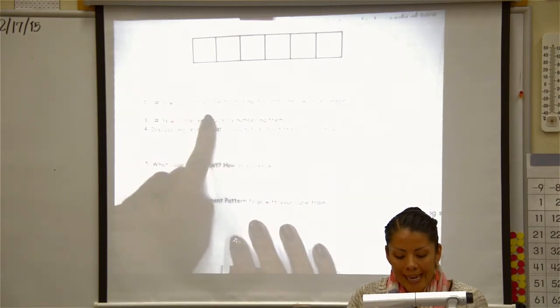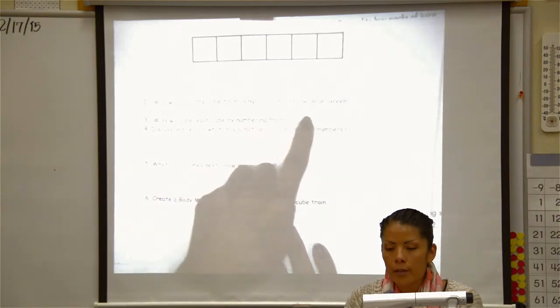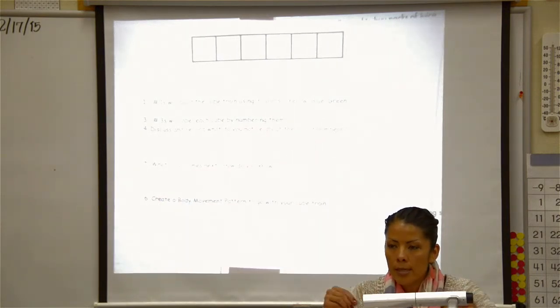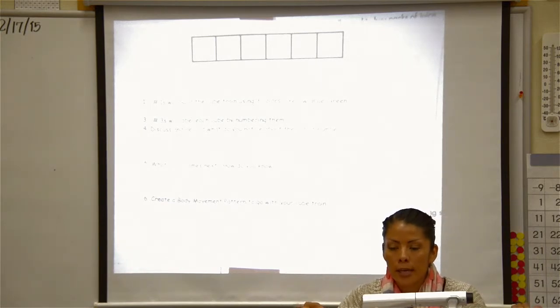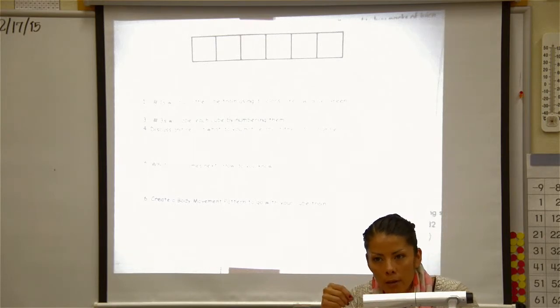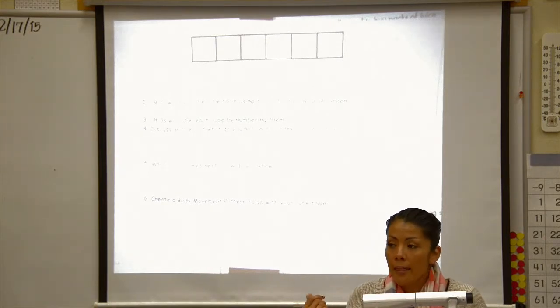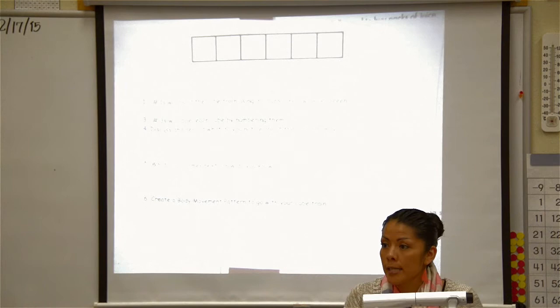Number 2s, you will color each cube with the colors of the cube train. So once number 1 makes the train, number 2, you're going to get your pencil box and your colored pencils out and color in the cubes. And I'm going to give you 10 minutes to do this. So we got to work quick as a group.